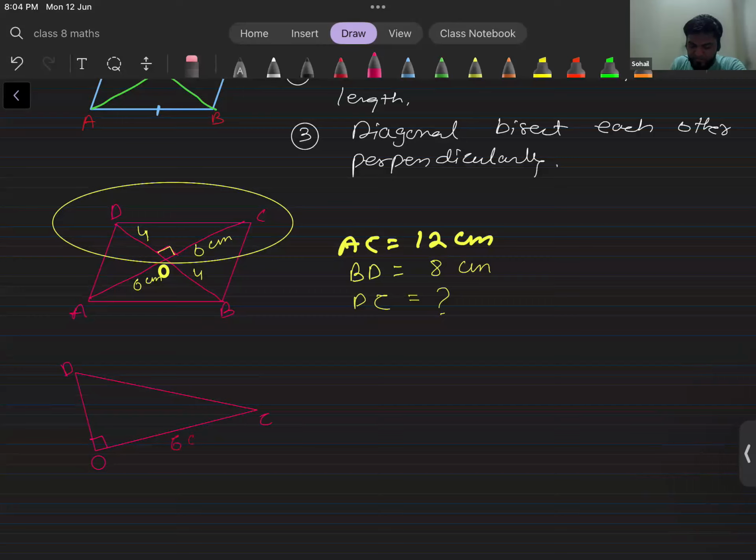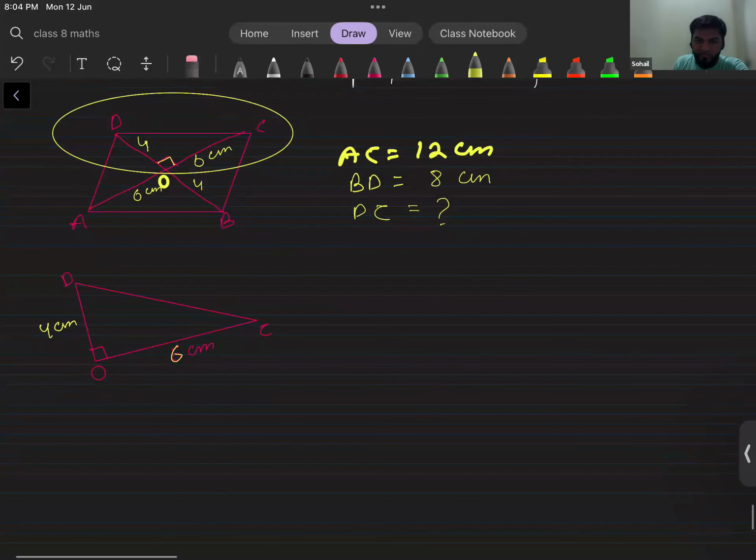That is 6 centimeters, right? And OD here is 4 centimeters. So using the Pythagoras theorem, you can easily find out the measurement of CD. That is your task. Find the measurement of side CD, the hypotenuse, using the Pythagoras theorem. You know the Pythagoras theorem, right?